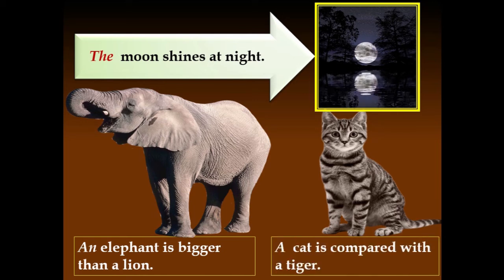And now a cat is compared with a tiger. So here we have known the use of articles a, an, and the. At first we have used the, then an, and then a.